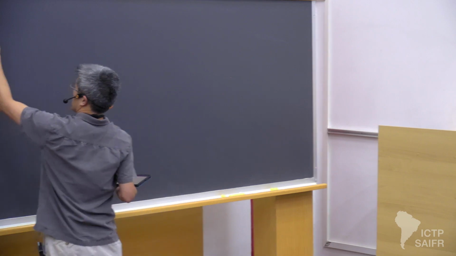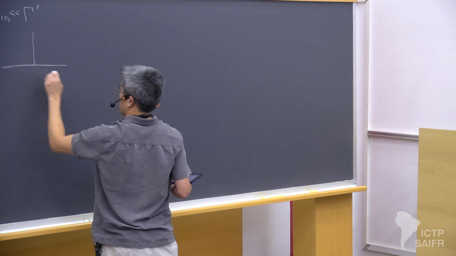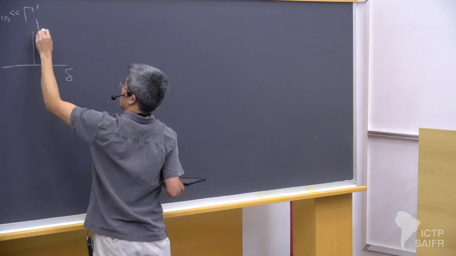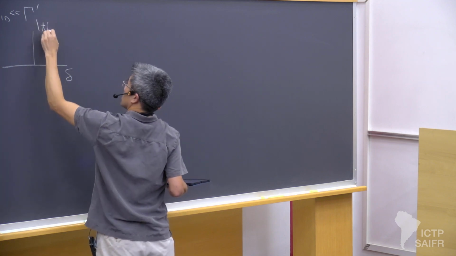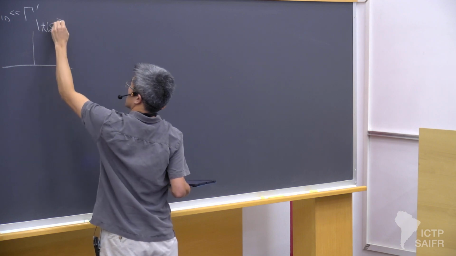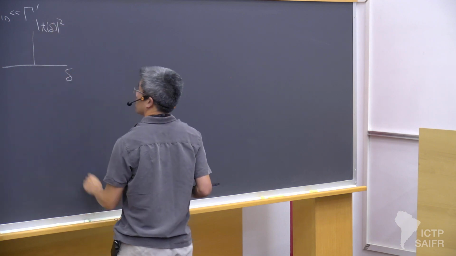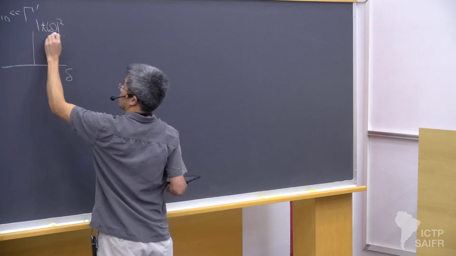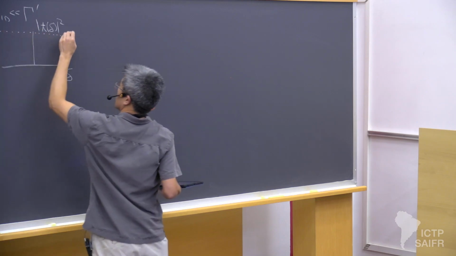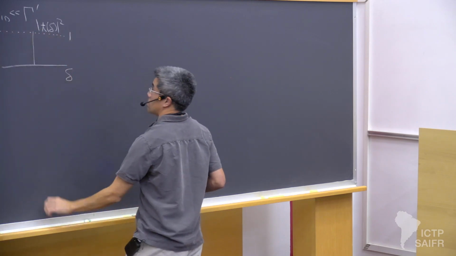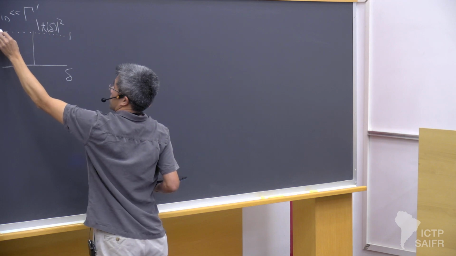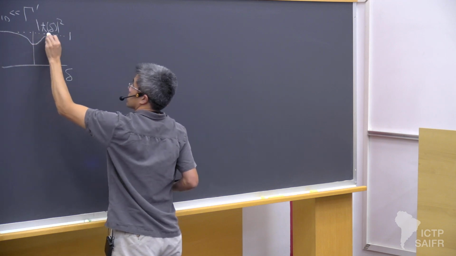In that case, you can plot, as a function of detuning, the total transmission, or this total transmittance. The baseline would be 1. And then what this formula predicts is that you get a Lorentzian response.